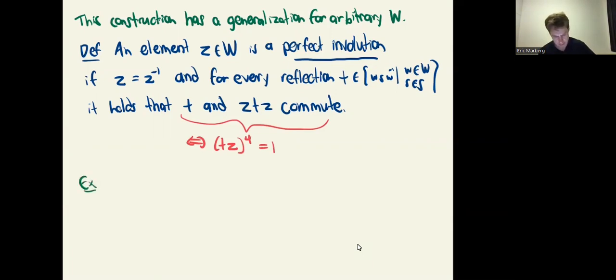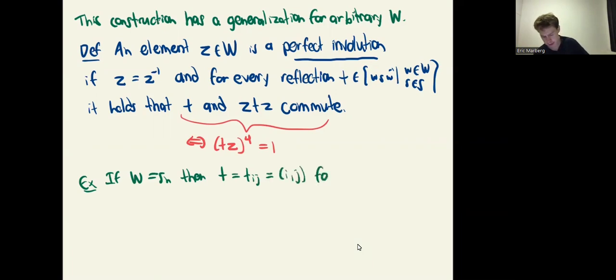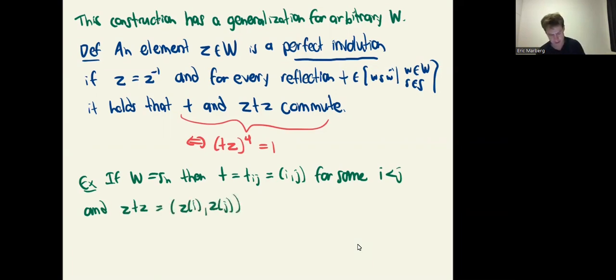Now, a quick example. If W is Sn, then T must have the form Tij, which is just this cycle (i j) for some i less than j. And then ZTZ is going to be equal to (Z(i) Z(j)).